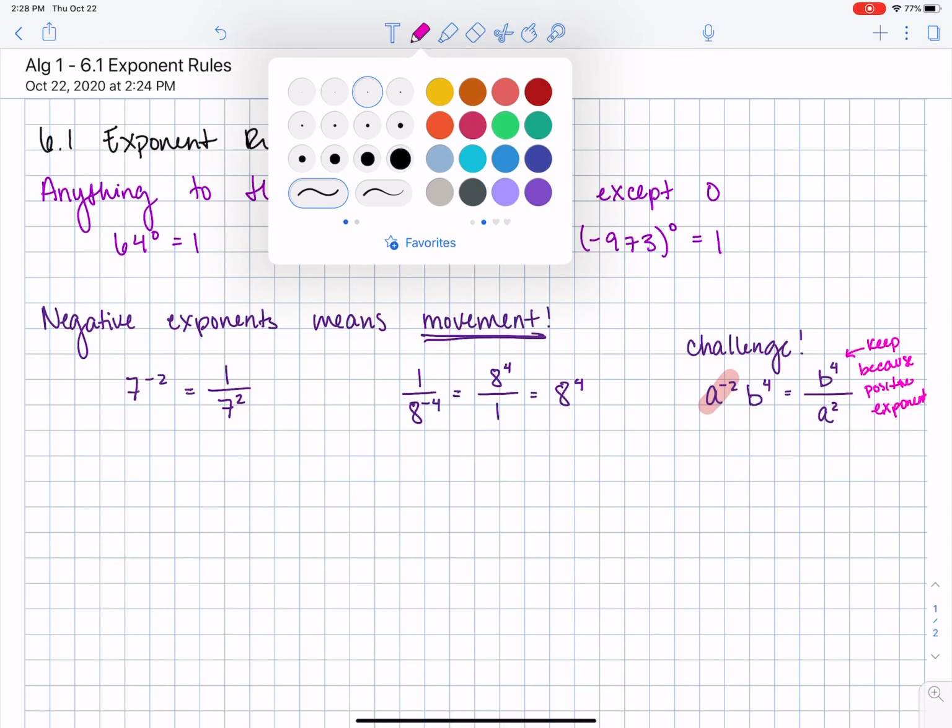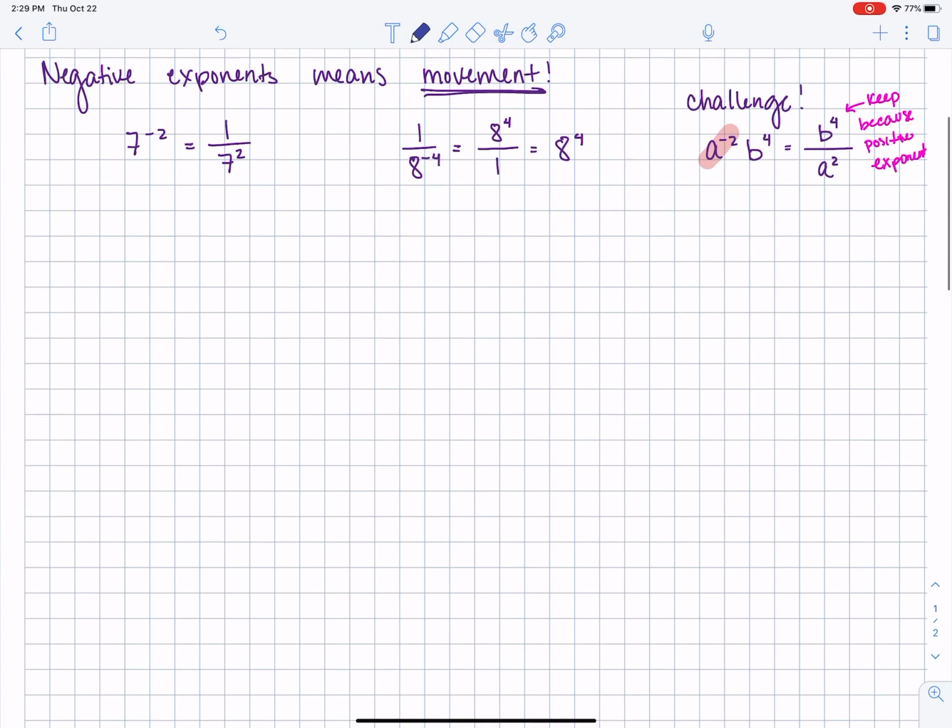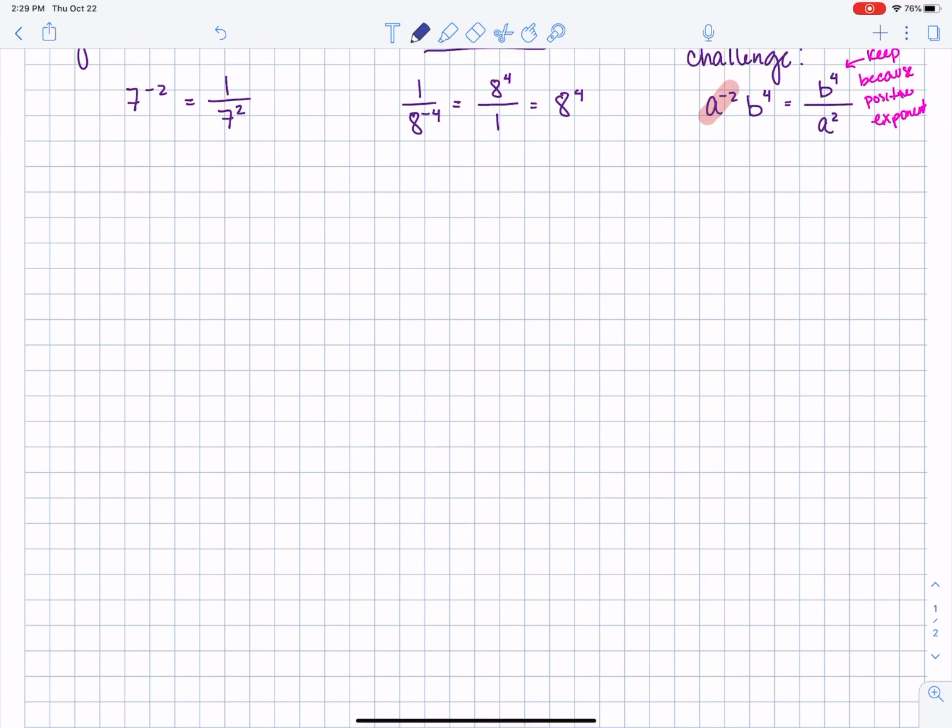Another rule that we worked with today, we're multiplying with the same base. And when you multiply with the same base, you're going to take your exponents, and we're going to add our exponents.